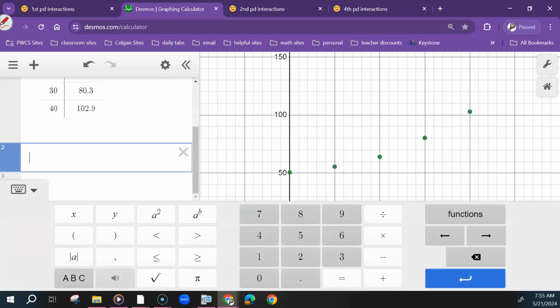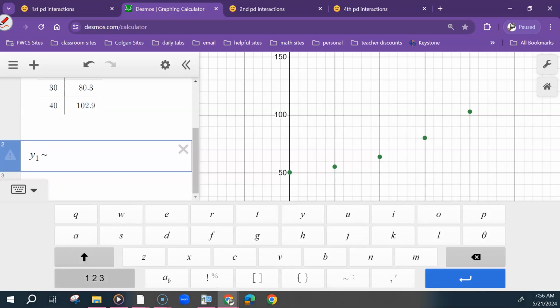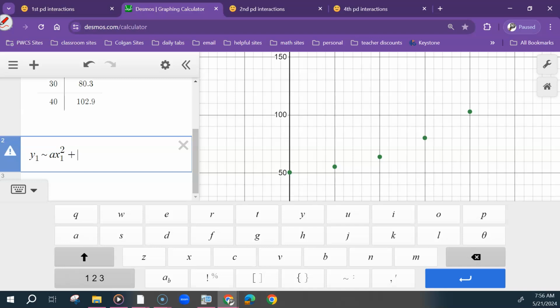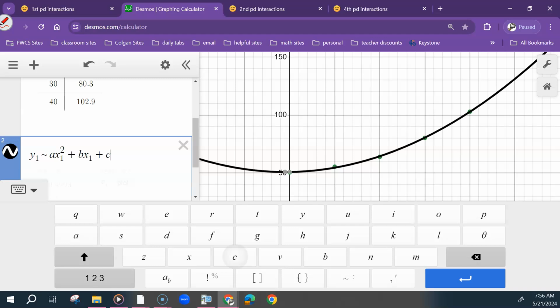So your two equations for Desmos, think about your quadratic equation, but change your x's and y's to x1, y1, the equation to tilde. And the equation for the exponential y equals a times b to the x, but change it again. So I'll type in both: y1 tilde ax1 squared plus bx1 plus c.